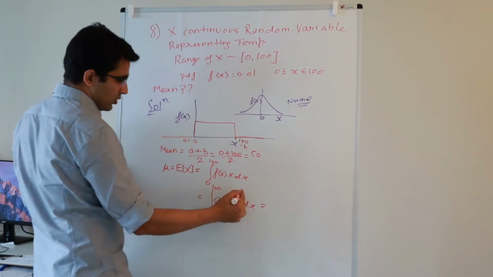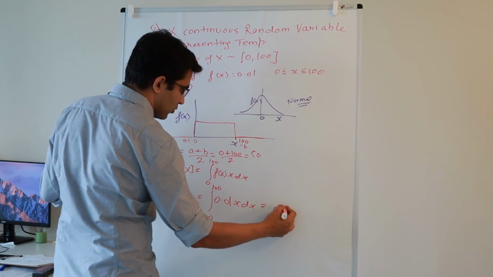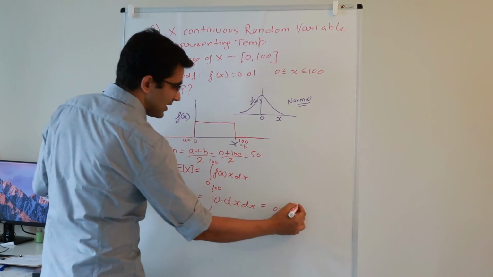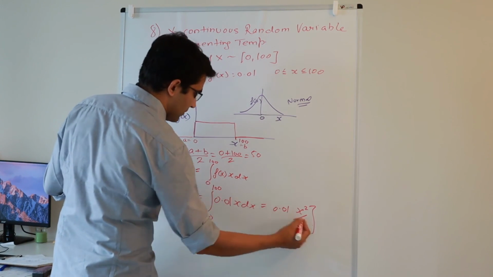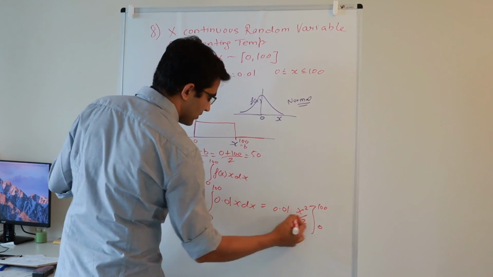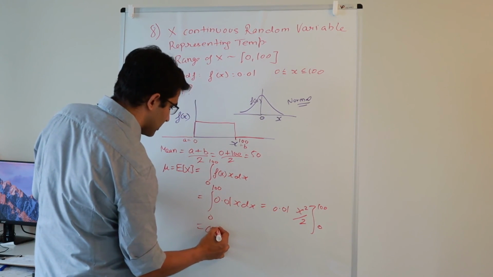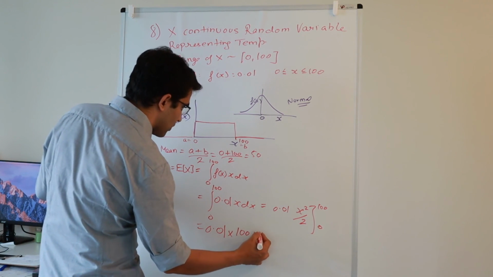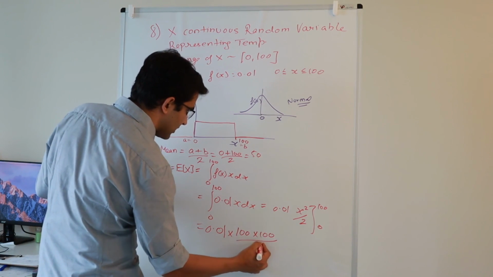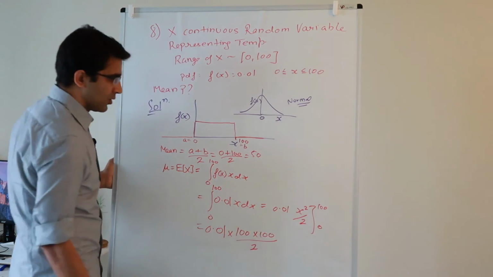So you will get 0.01 as a constant outside, then you will have x squared upon 2, and the values vary between 0 to 100. So you will get 0.01 into 100 into 100 divided by 2.